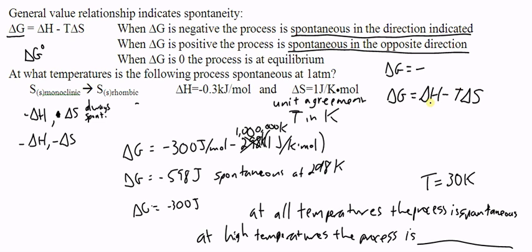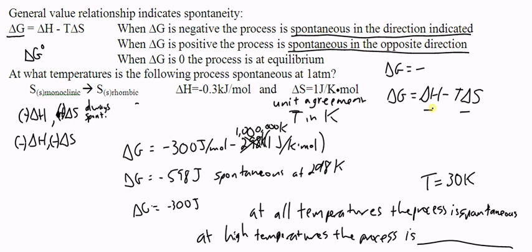And what we're finding is, with a negative delta H, this term is going to win out, right? So when the delta H is negative, a negative value, maybe I should be writing it like this. So when the delta H is negative, we have a negative term here, but we have a negative term here as well.